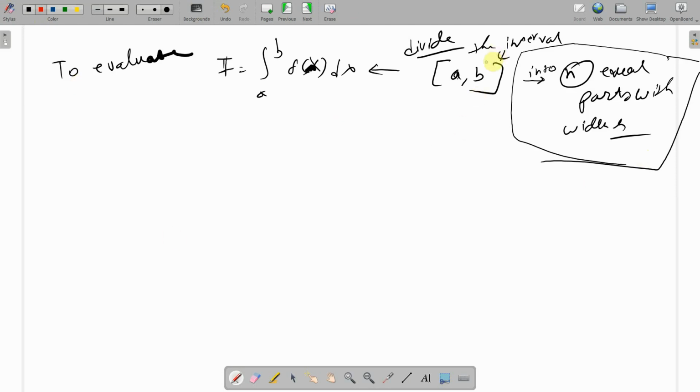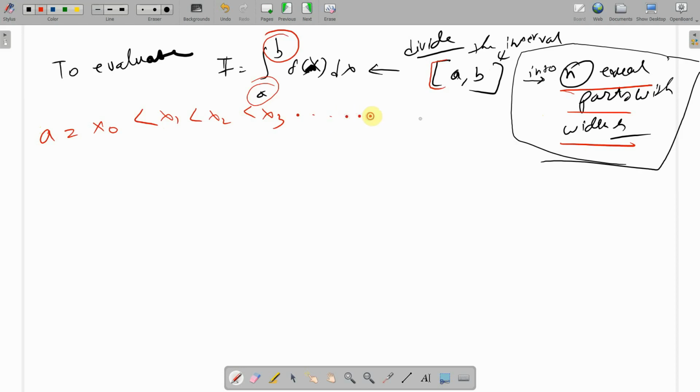Now I am dividing the interval, because the lower limit is a and the upper limit is b, into n equal parts with h. So let's say a equals x0, x1, x2, x3, let's say up to xn.